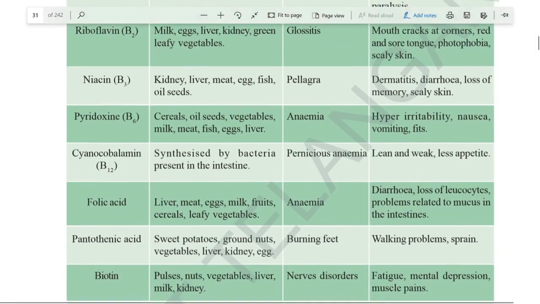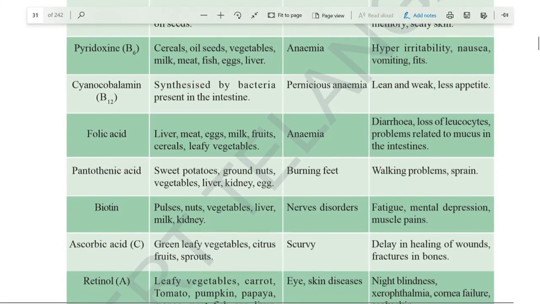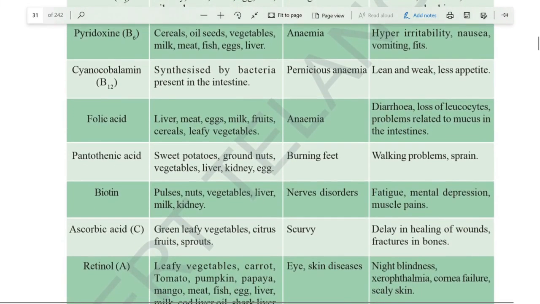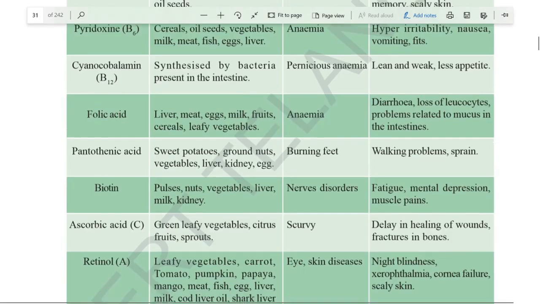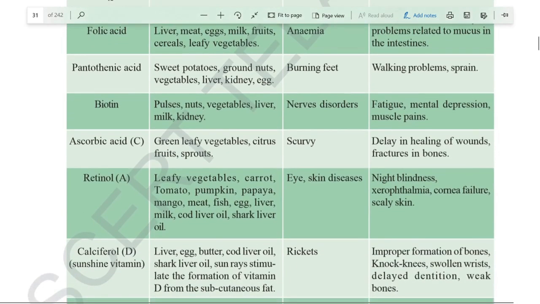And the others also: niacin, pyridoxine, cyanocobalamin, folic acid, pantothenic acid, biotin, ascorbic acid. Vitamin C is also called ascorbic acid, and it is present in all citrus fruits, lemon, orange, mosambi, everything. Retinol is very good for eyes.